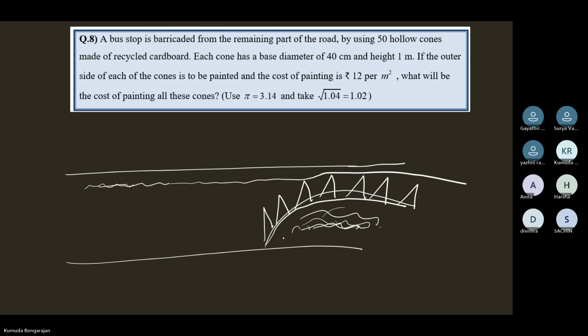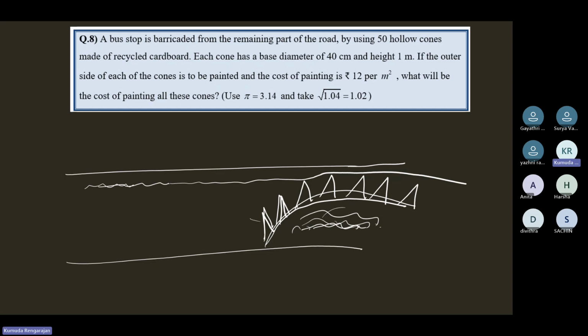So to inform people on the road, people on the vehicle, that they're not supposed to use this part of the road, it's barricaded, separated from the rest of the road using conical structures, normally painted red.